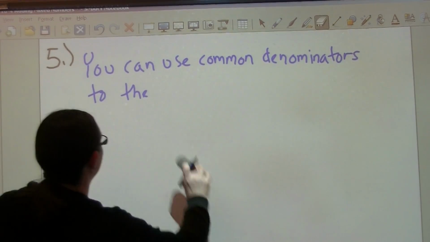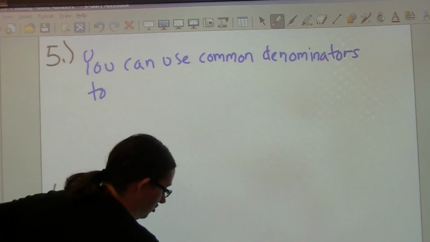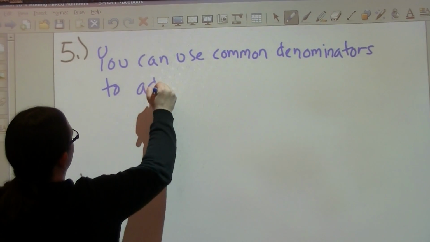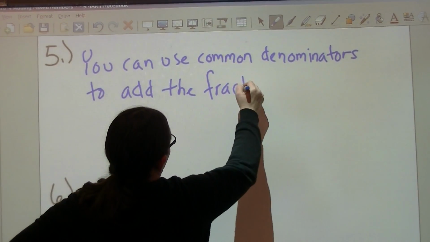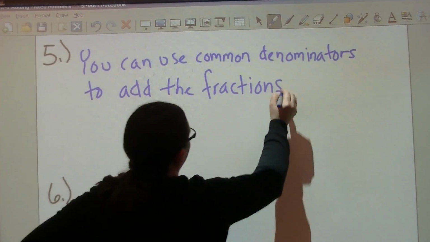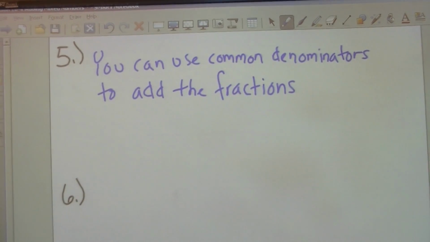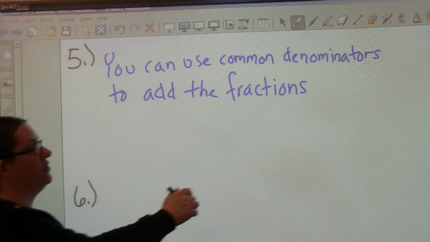Oops, I'm going too fast. To add the fractions. And then you add the whole numbers.